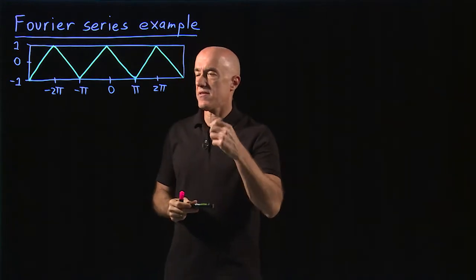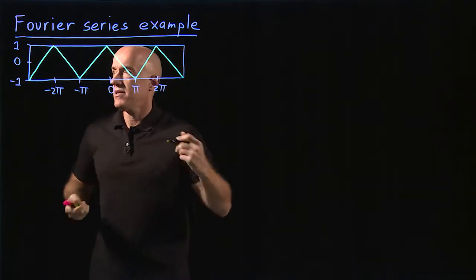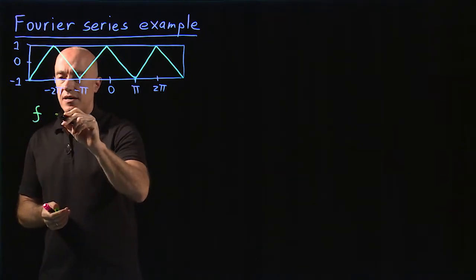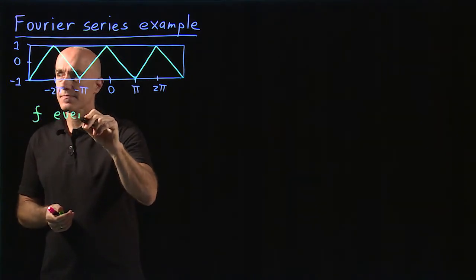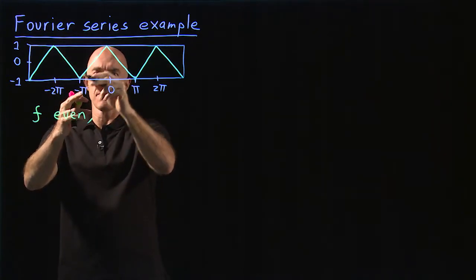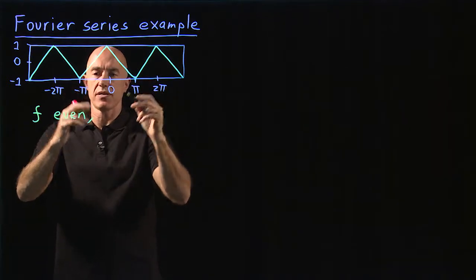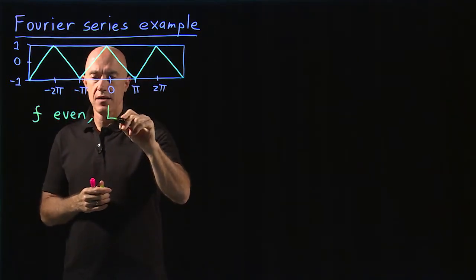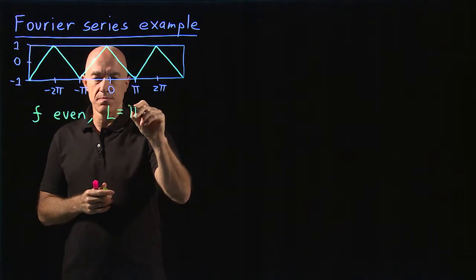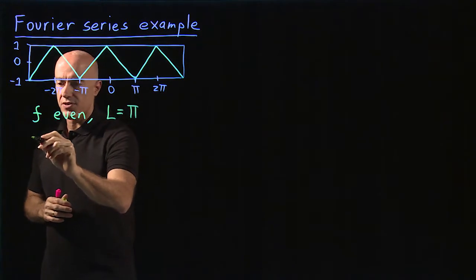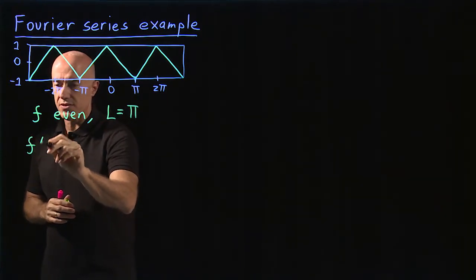So let's start. This is our f of x. We know that f is even, and the period goes from minus pi to pi, so the period is 2 pi. Remember, the period is supposed to be 2L, so L is equal to pi. And then we write down the Fourier series. Here it's a cosine series.